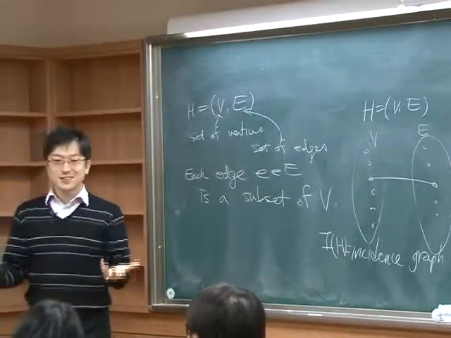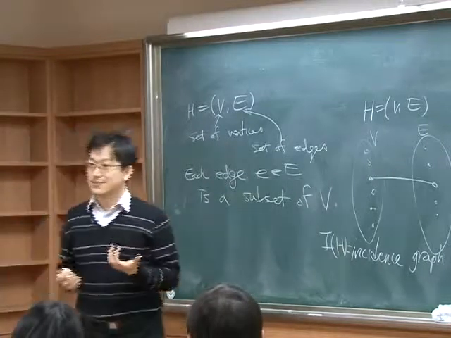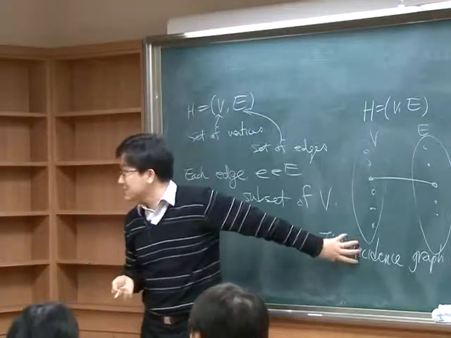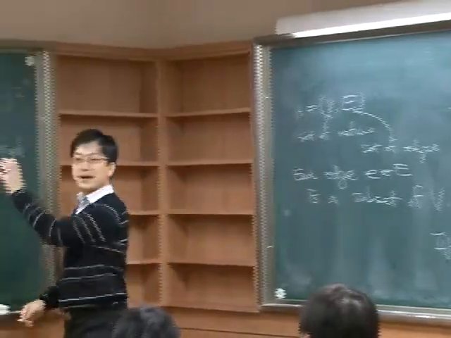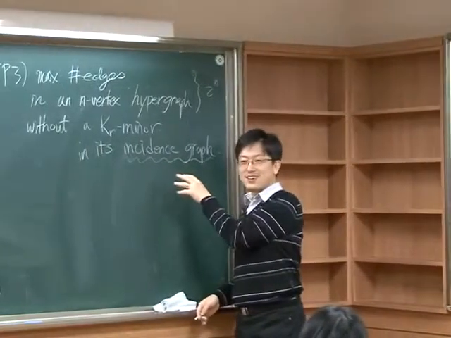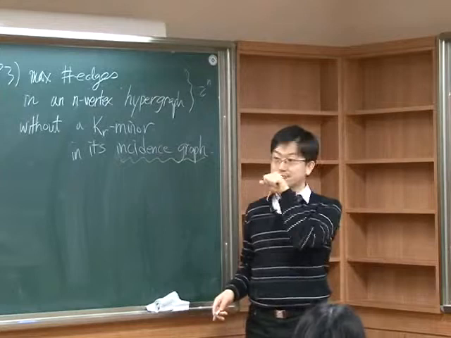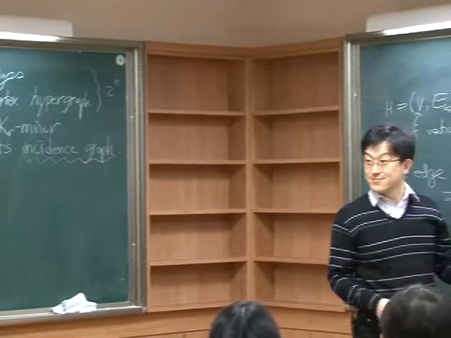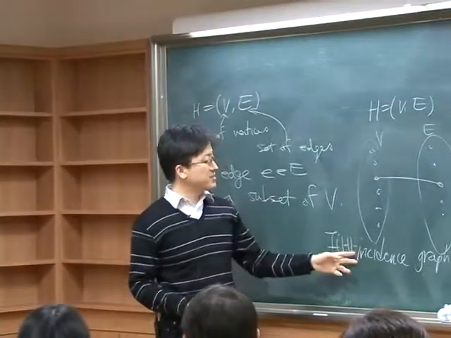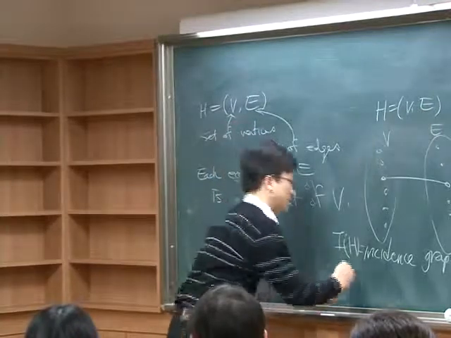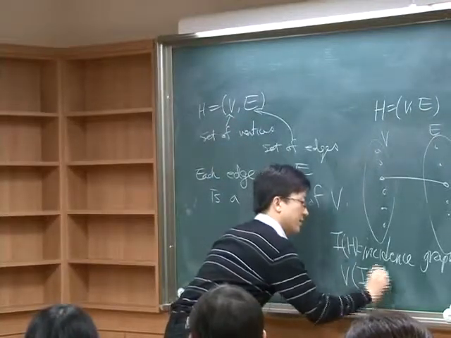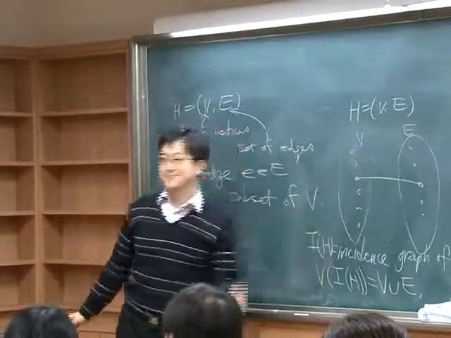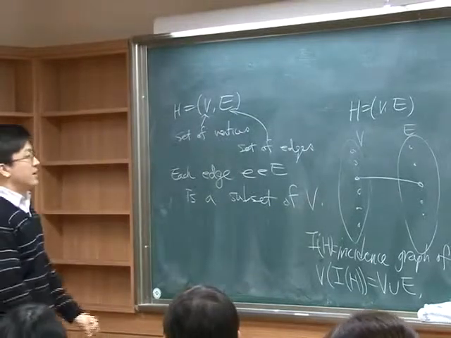Then in the incidence graph, we can talk about a K_R minor, because it's a graph. So if this incidence graph doesn't have a K_R minor, then what is the maximum number of edges? Each edge is a vertex of the incidence graph. So what is the vertex set of the incidence graph? It is V union E, and edges are defined by this relation.